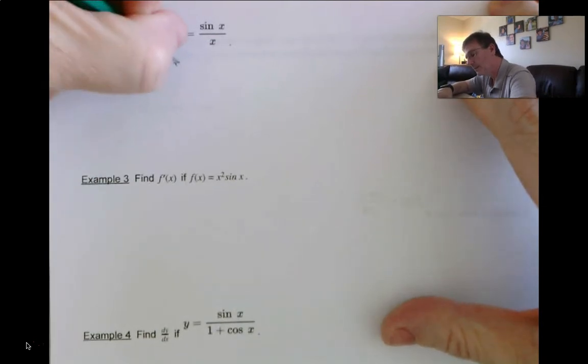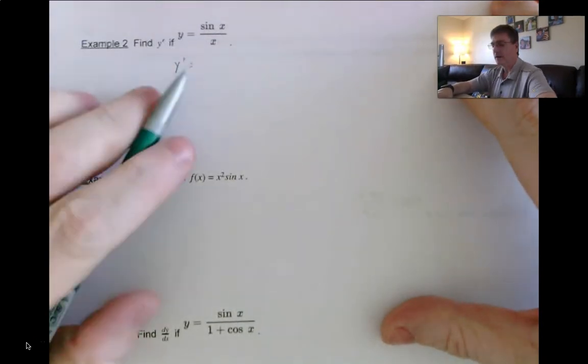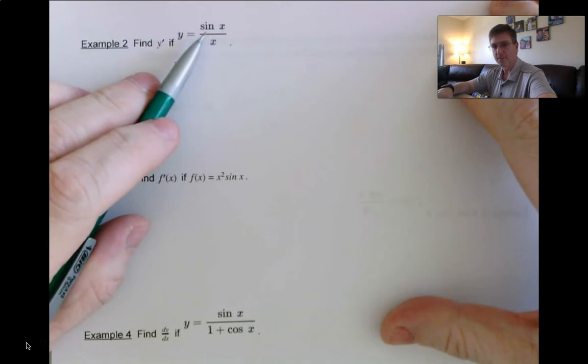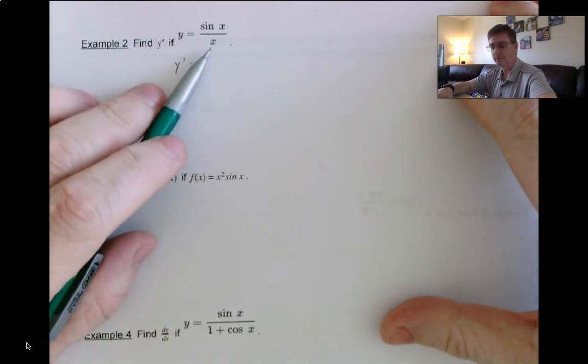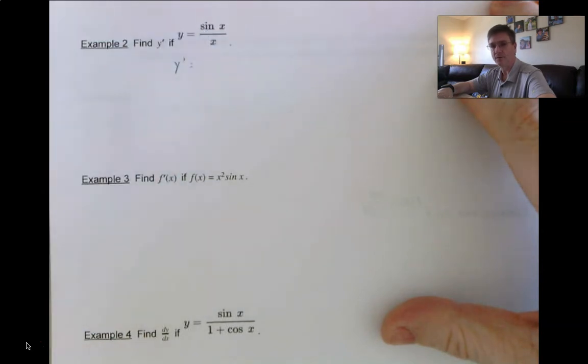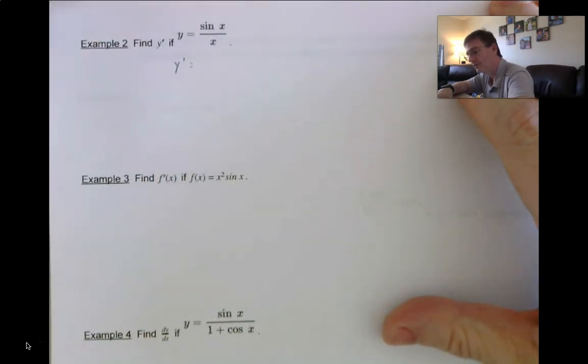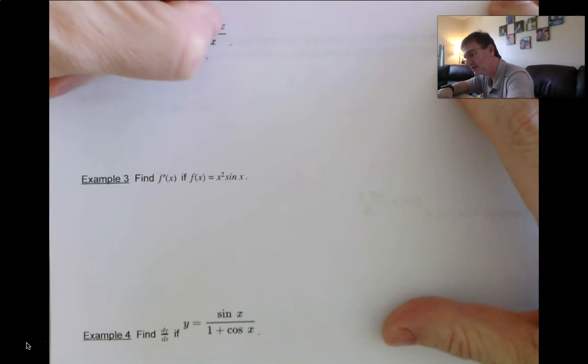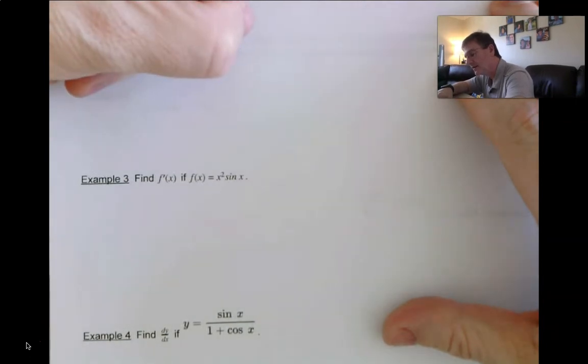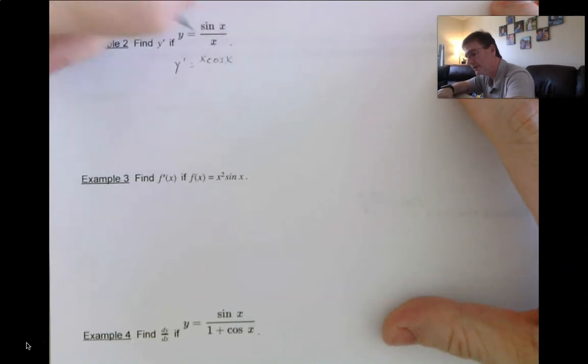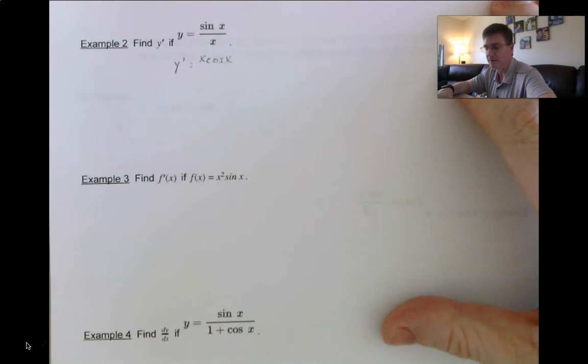So y prime equals, so the quotient rule is derivative of the top times the bottom minus derivative of the bottom times the top all over the denominator squared. So derivative of the top, derivative of sine of x is cosine of x, times the bottom. I'm going to write that in front so that it doesn't get confusing.